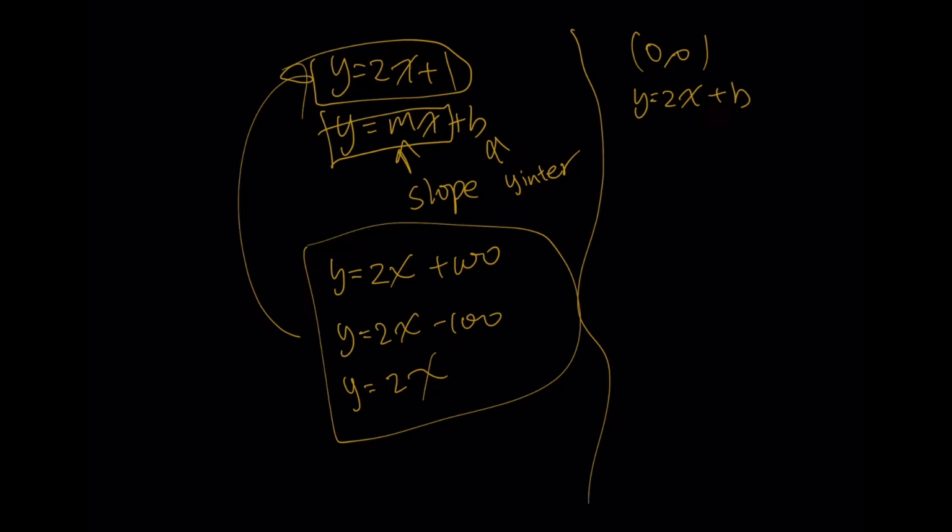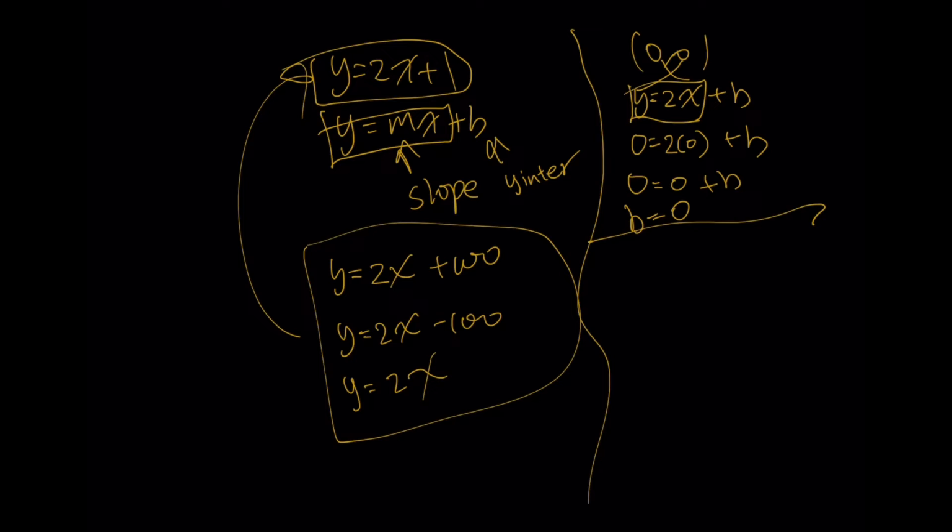We don't know what b is yet, so insert the x and y values. 0 = 2(0) + b, so b has to equal 0. Our new equation that's parallel and goes through 0, 0 is just y = 2x.